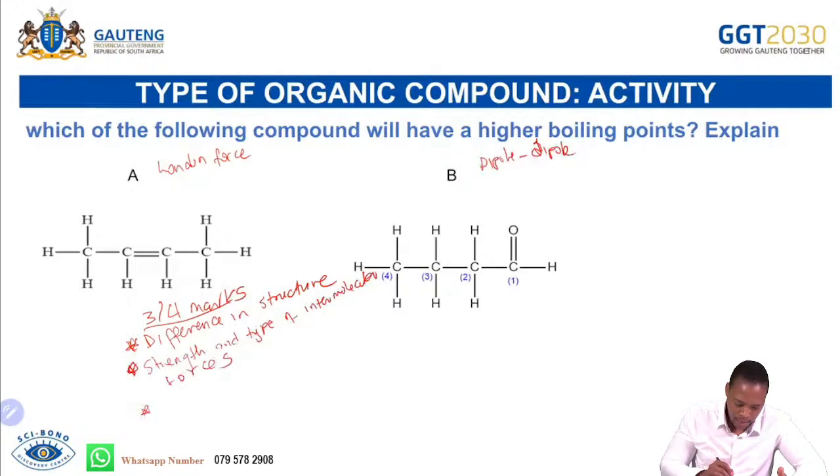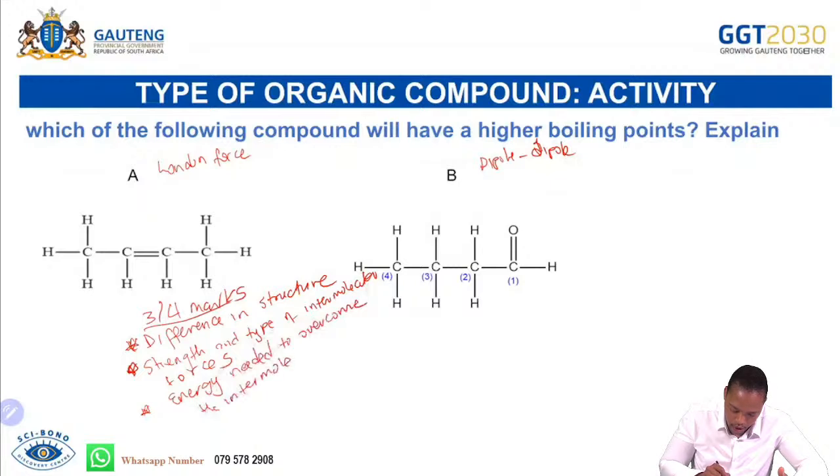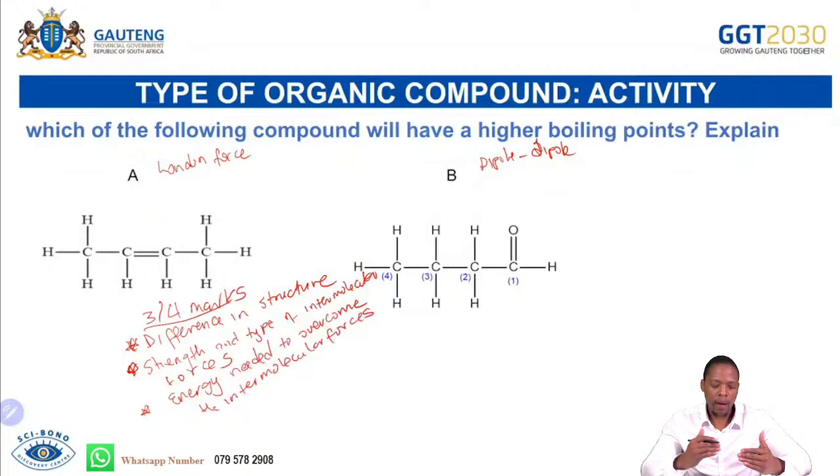And then I will talk about the energy needed to overcome the intermolecular forces. I usually say overcome, some people say separate. So you can say overcome or separate the intermolecular forces. If you follow this, I'm telling you, great job.